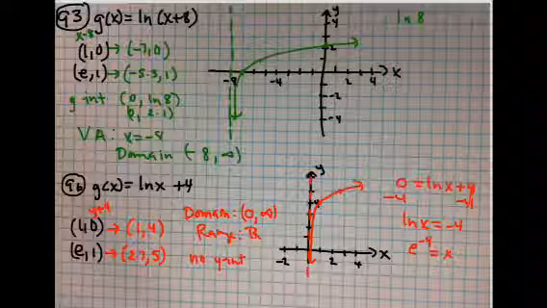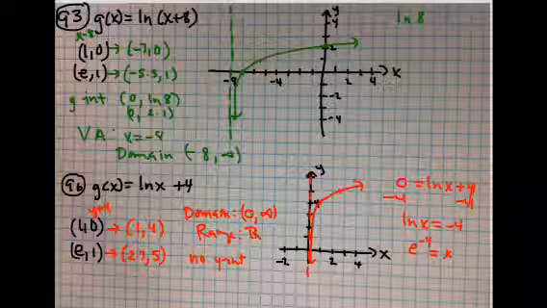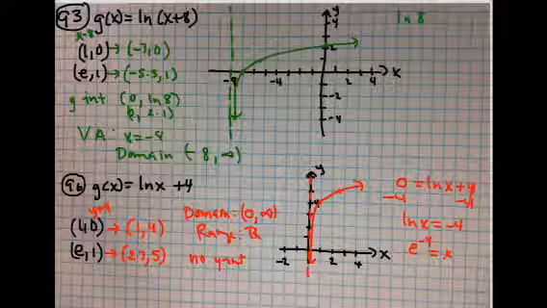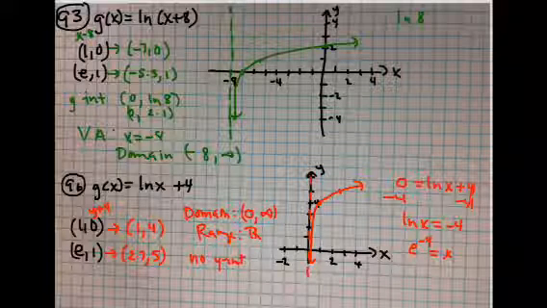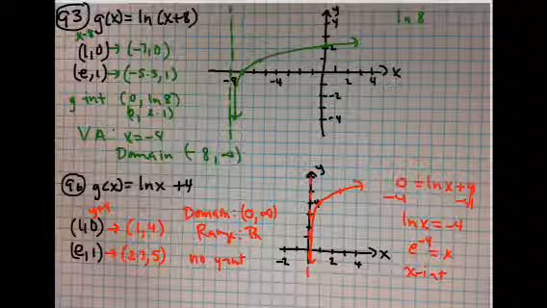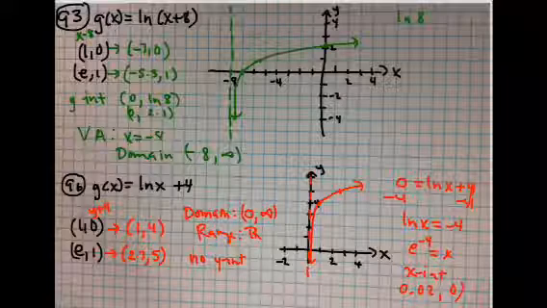So we do that, e to the negative 4, 0.018, so 0.02 approximately. So the x-intercept is approximately 0.020. Okay, so there it is.